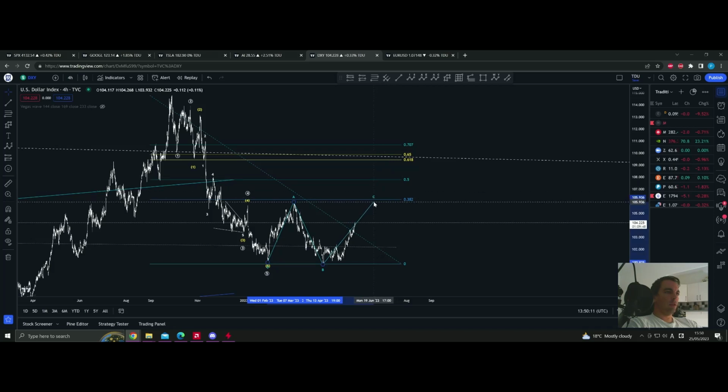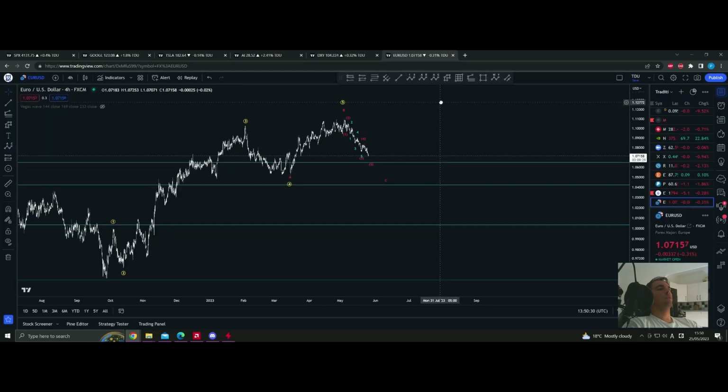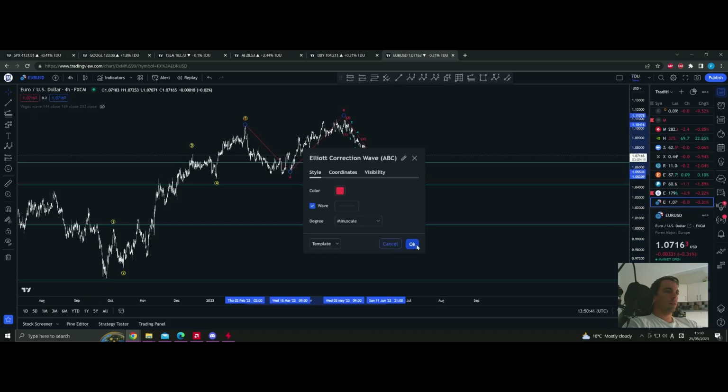If you're long on dollar, this would be the safest play to exit here, because 5 move doesn't mean that something is beginning, but it does mean that something ended. The same thing with euro. If this was the third and the fourth and the fifth wave, then this could be a flat, and off we go again.